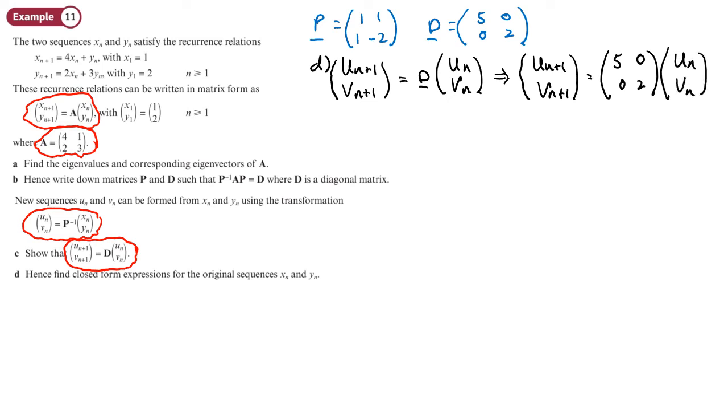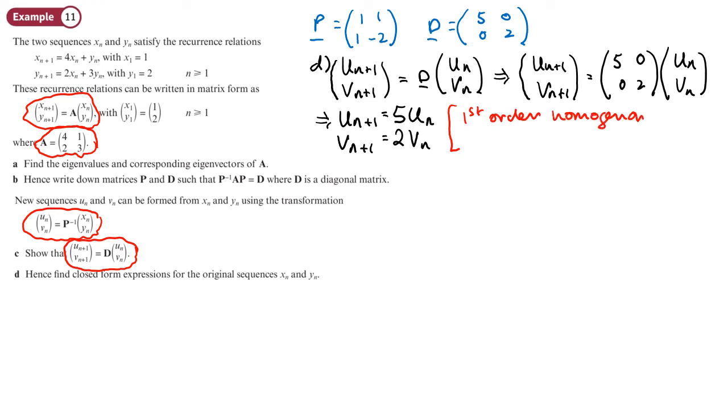So what we'll do is multiply that out, and it will give us these recurrence relations in terms of u and v. So we'll get un plus 1 equals 5un, and we'll also get vn plus 1 equals 2vn. Now these are first order homogeneous recurrence relations, and we've looked at how we solve these in the previous chapter.